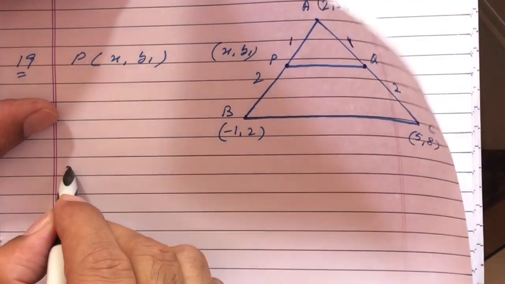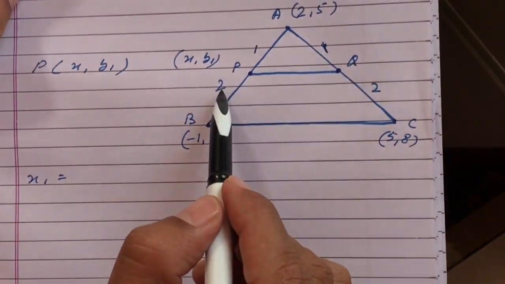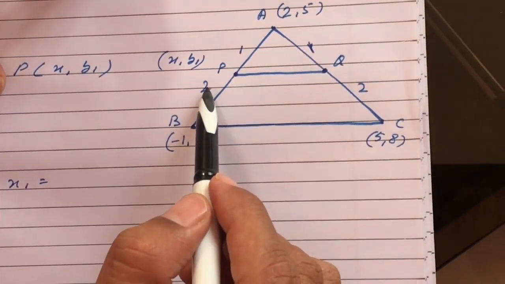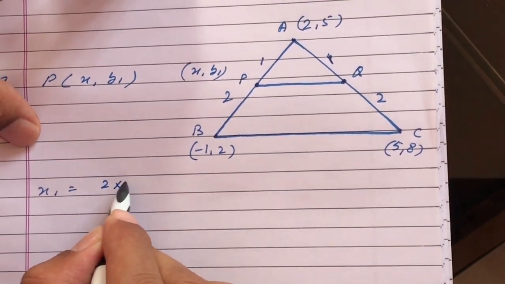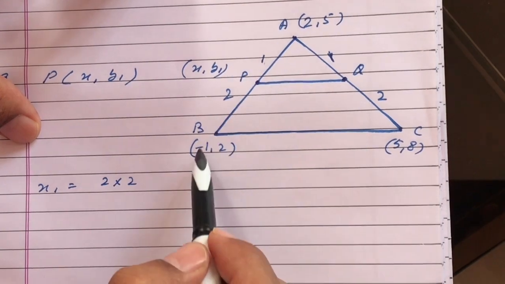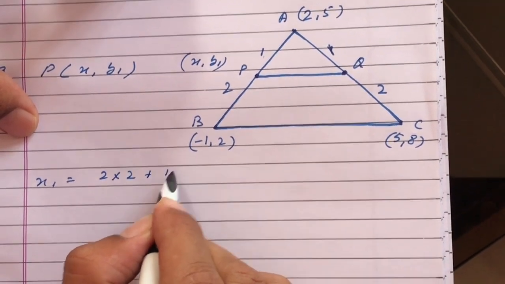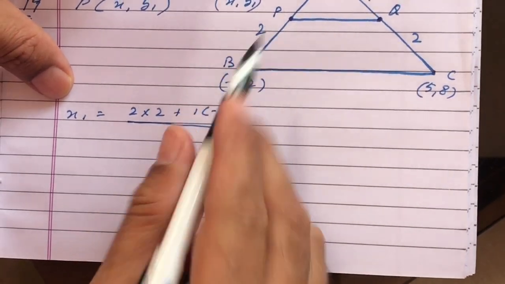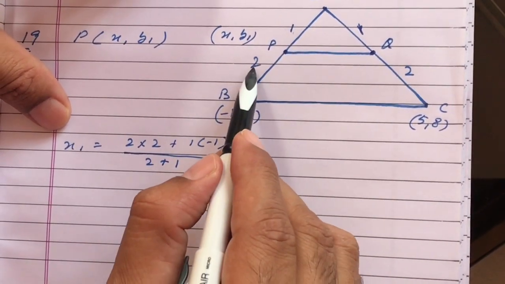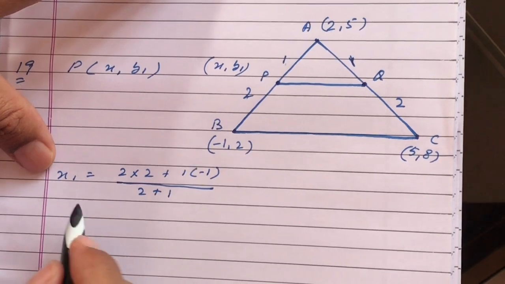Then what is x1 equal to? The ratio is 1:2. x1 is (m2 x1 + m1 x2) upon (m1 + m2). 1 and 2 is the ratio.